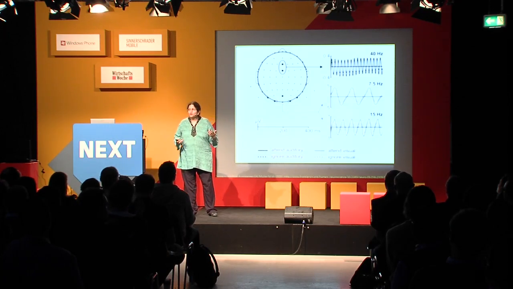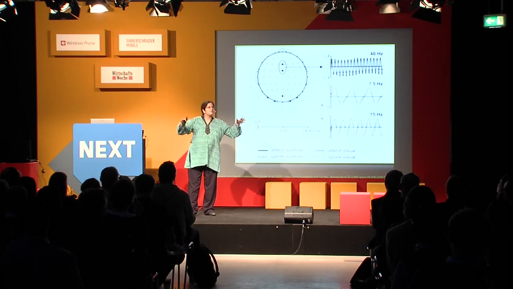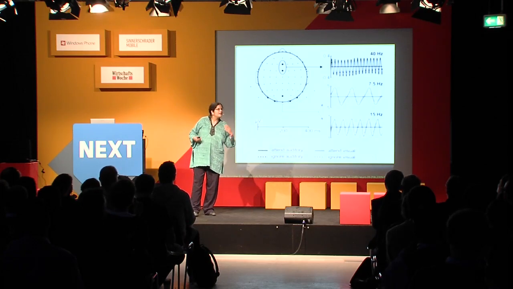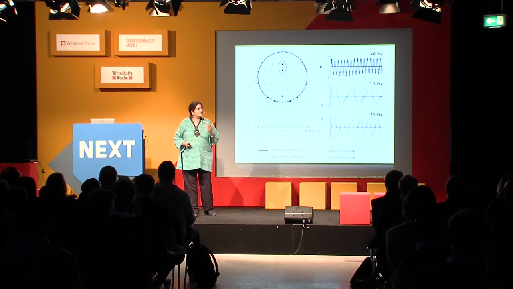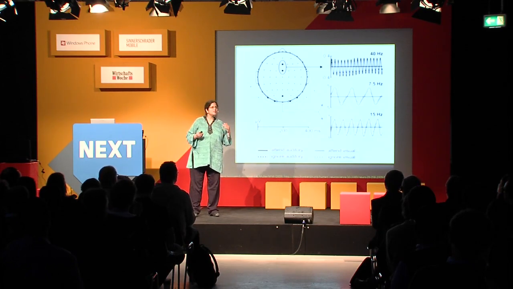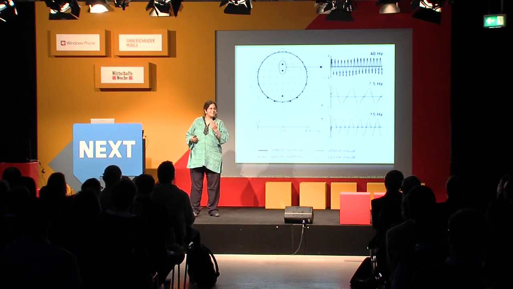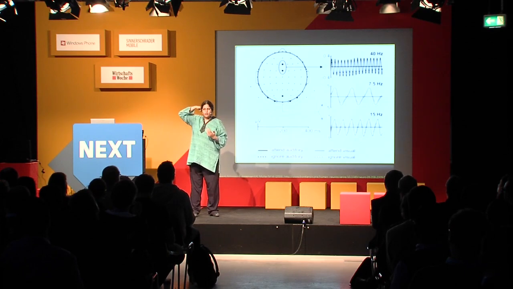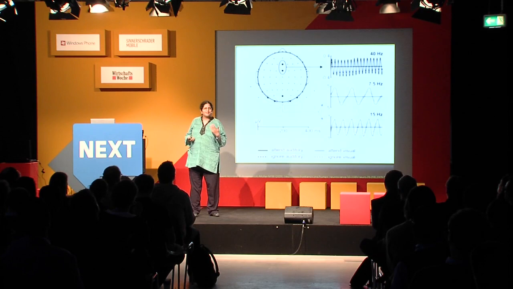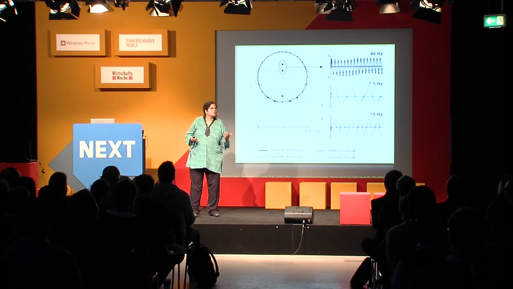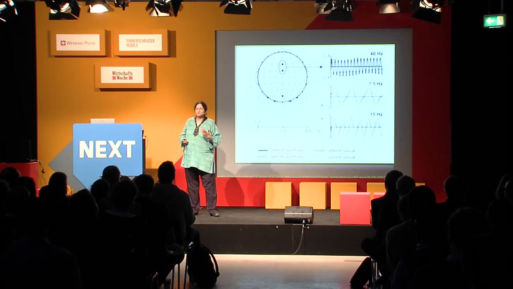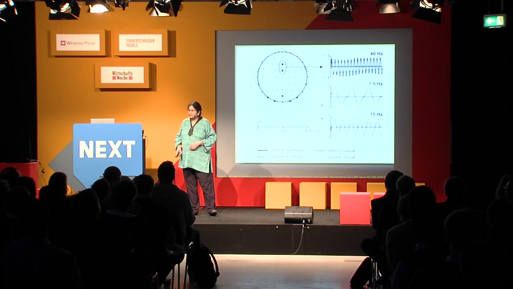So if you want to make a program where you type with your mind or you dial your phone with your mind, you just put each letter or number on a different button, and you make each button blink at a different frequency. Then, by recording the steady-state visual evoked potentials, you know which button the user is looking at. And presumably the user is looking at the button that he or she wants to press. So that's how those programs are written.